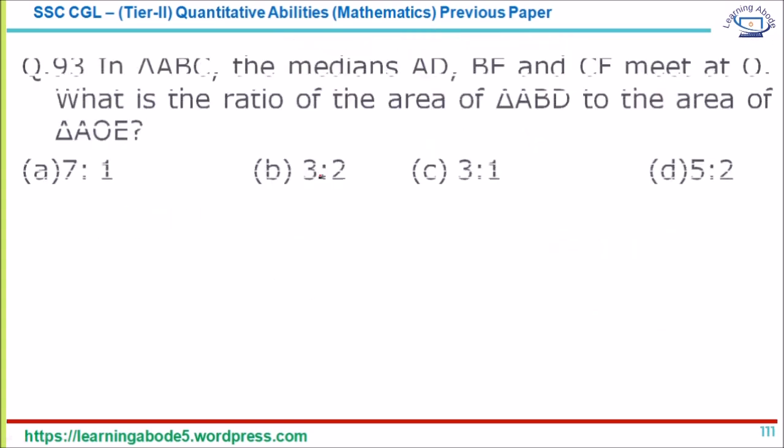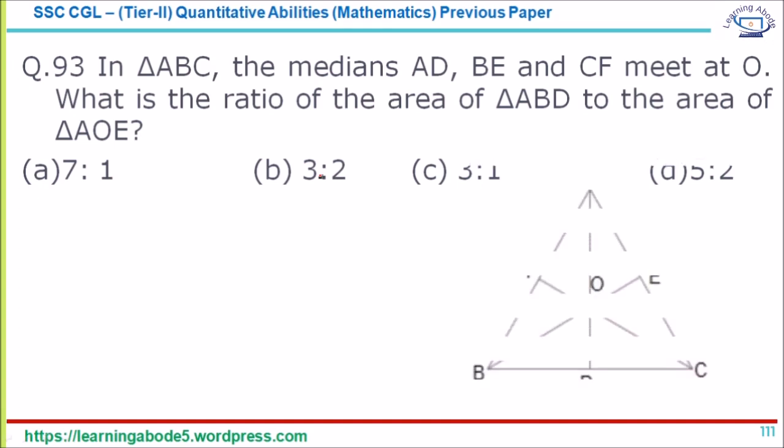Now question number 93. In triangle ABC, the medians AD, BE and CF meet at O. What is the ratio of area of the triangle ABD to the triangle AOE? Now let's just look at the diagram here.